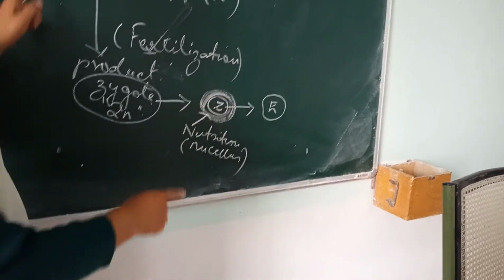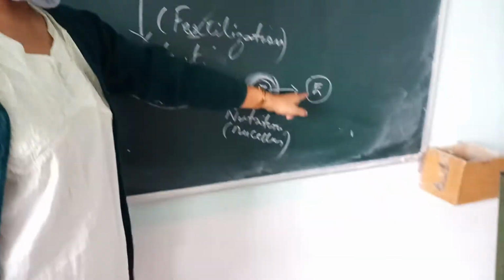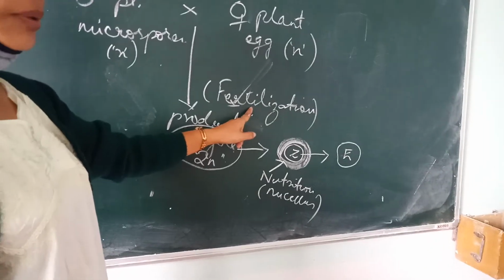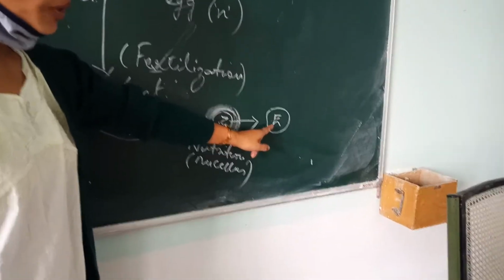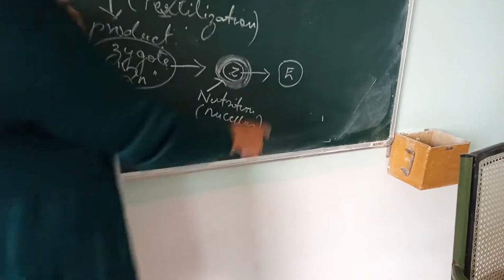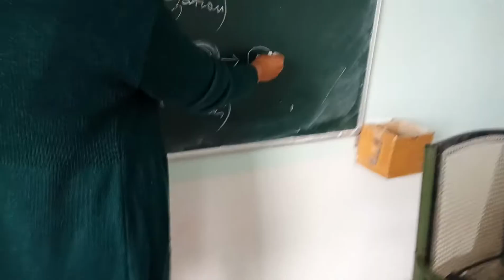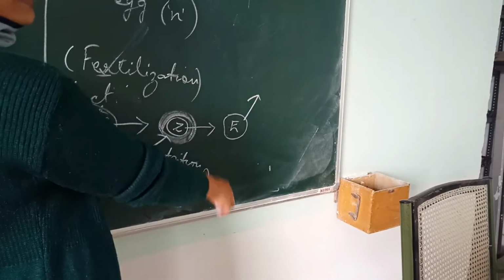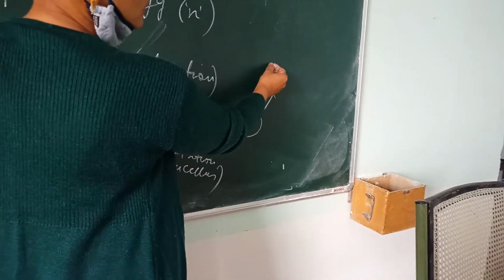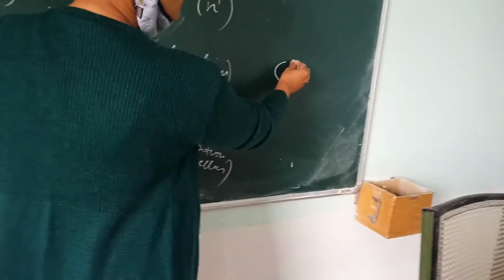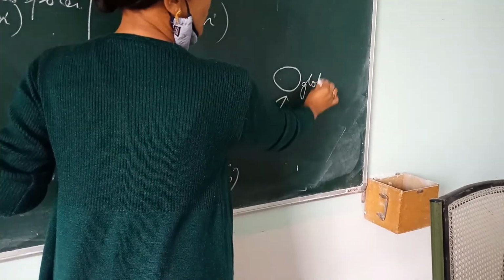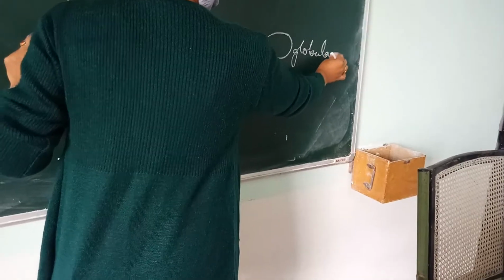Now this process from here up to here, it is still fertilization. Let us look from this point onward, embryo. Now this embryo undergoes several stages. First, we say the embryo is globular shape. It is round in shape.